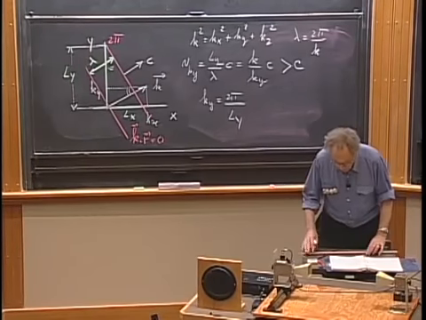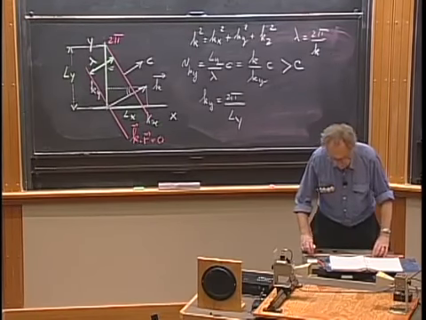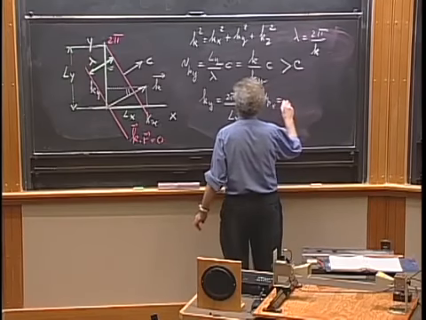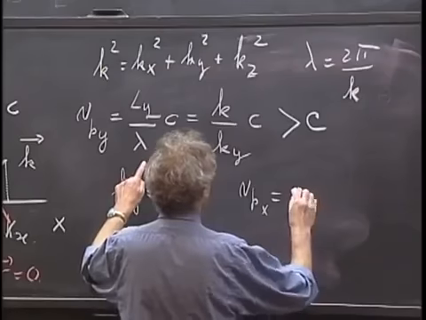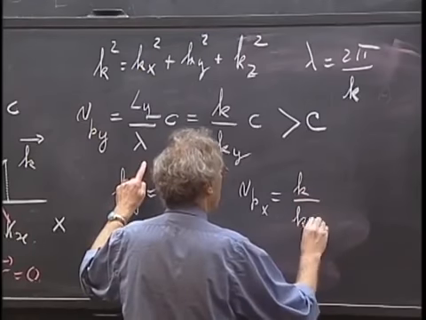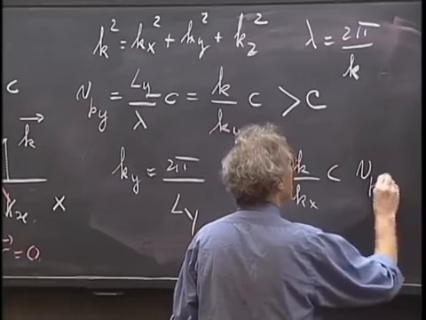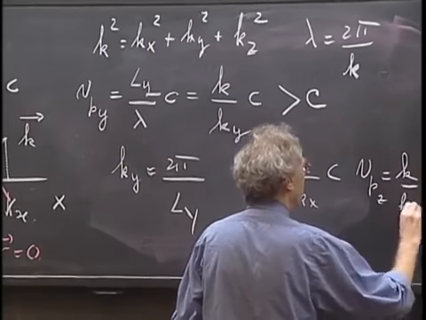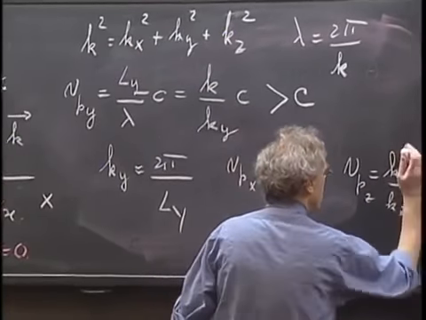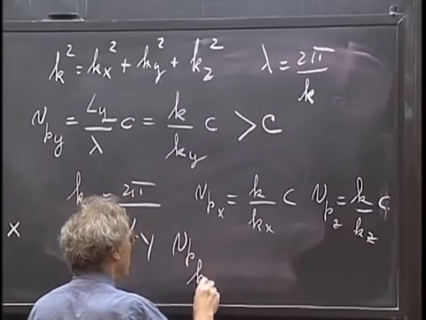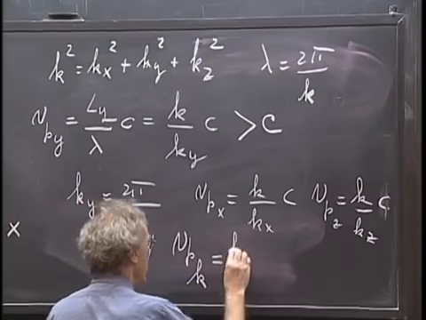And you can do the same, of course, in the x and in the z direction. And you will find then that the phase velocity in the x direction equals k divided by kx times c. And the phase velocity in the z direction is k divided by kz times c. And what is the phase velocity in the direction k?